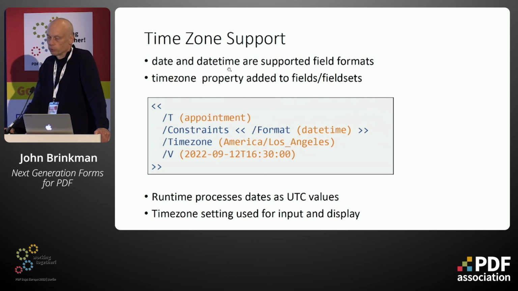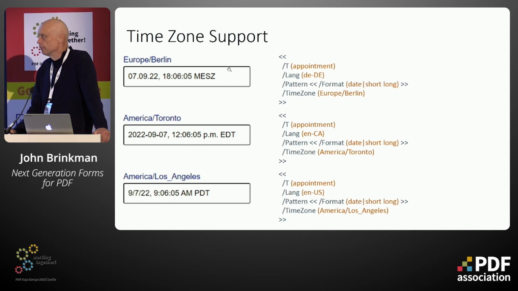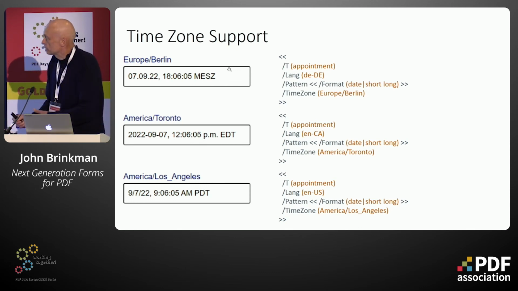In JavaScript, the time zone is inherited from the browser normally, except in our case now, the time zone will be inherited from the field itself. And of course, different fields on your form can have different time zones. This is a screenshot I've taken from one of my sample forms, and what I have here are 3 fields with the same name. If you know your AcroForms, you'll know that fields with the same name share the same value.